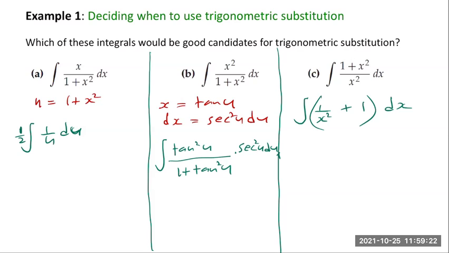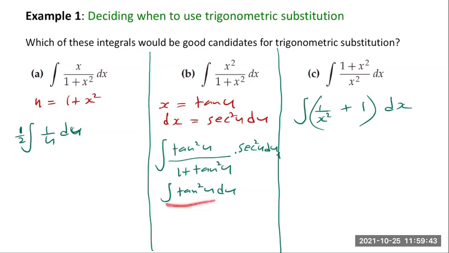Now I'm doing some strange cancellation. 1 plus tan squared u is secant squared u. You have secant squared u here. Those two will be cancelled. Your integral becomes the integral of tan squared u du.